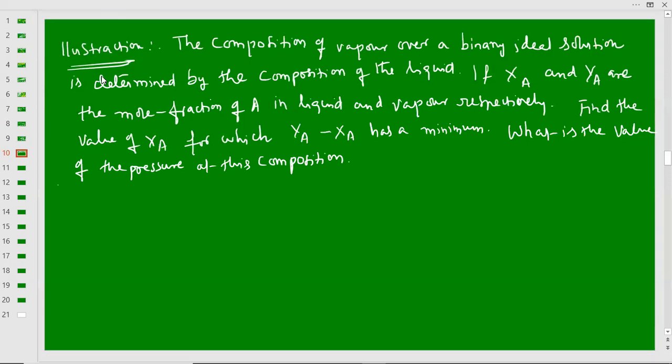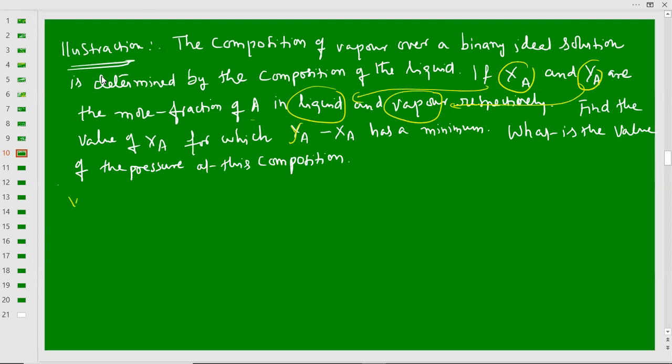Now in this question, they have given very clearly, if XA and YA are the mole fractions of A in the liquid phase, that is XA, and in the vapor phase, that is YA, then find the value of XA for which YA minus XA has a minimum value. So let us see.